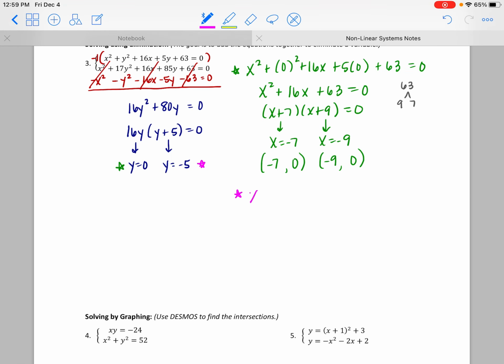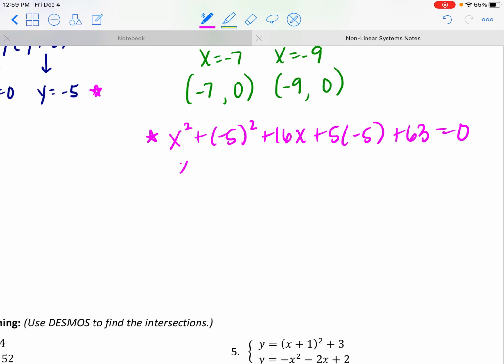So I'm going to have x squared plus negative 5 squared plus 16x plus 5 times negative 5 plus 63 equal to 0. Okay, so x squared, negative 5 squared makes 25. 5 times negative 5 makes negative 25, and plus 63 equals 0.